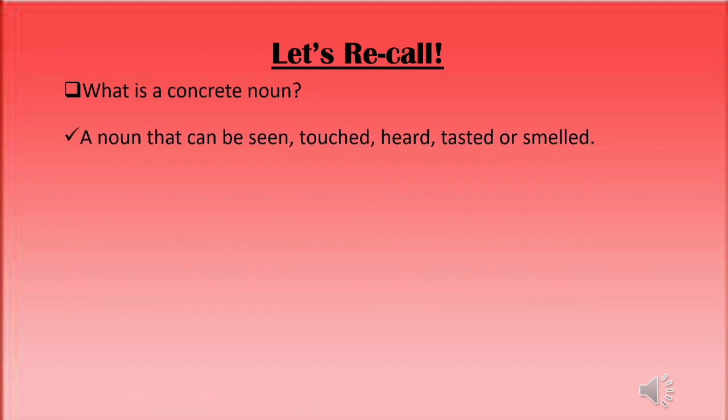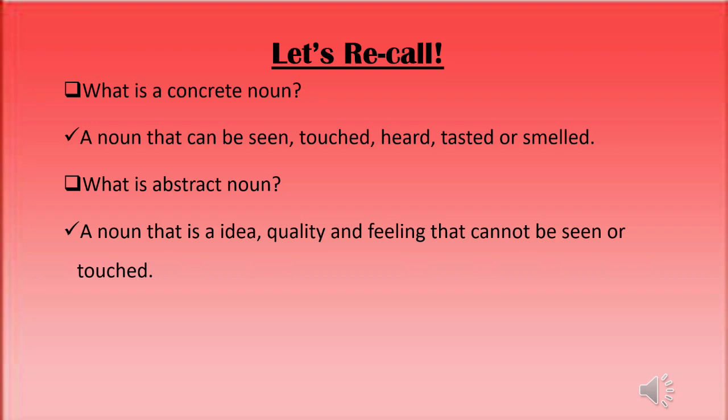Students, do you remember the definition of concrete noun? A concrete noun is a noun that can be seen, touched, heard, tasted or smelled. And what is abstract noun? A noun that is idea, quality and feelings that cannot be seen or touched.